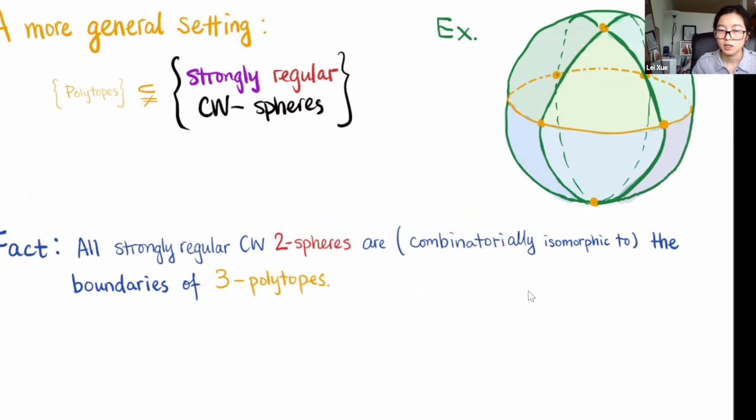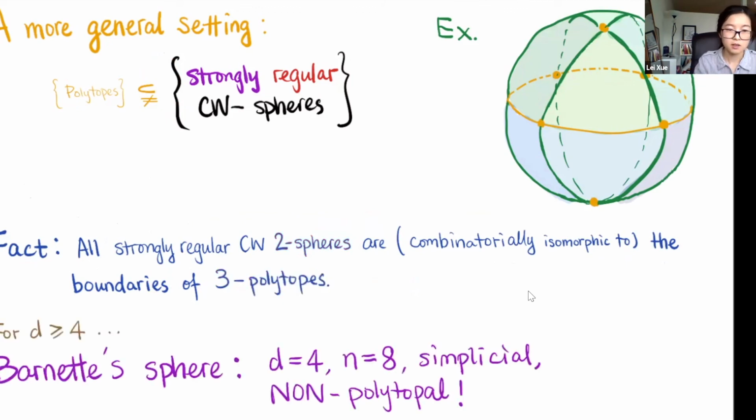But starting from dimension 4, it's no longer true. In fact, the difference between these two sets, the set of all polytopes and all strongly regular CW spheres, is very large. The latter is much bigger.